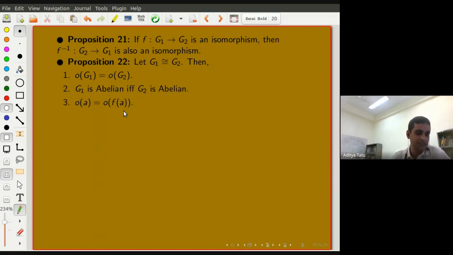Order. What this says is that the order of an element and the order of its image in the codomain cannot be any different. Do you see why this should be the case? And of course, contrast this with the case of homomorphism. What is the relation between the order of a and f of a if f is a homomorphism?